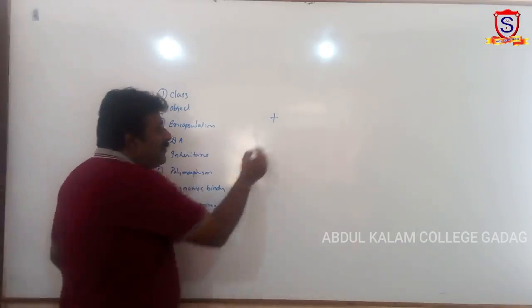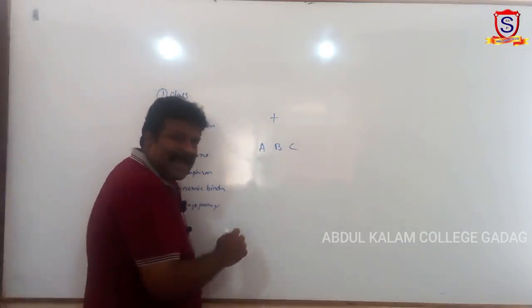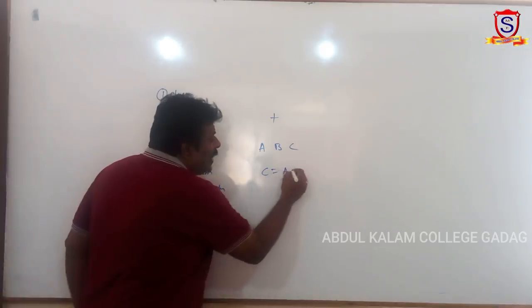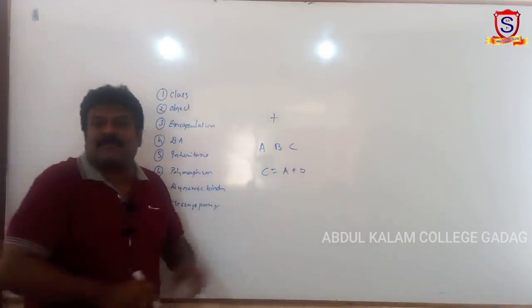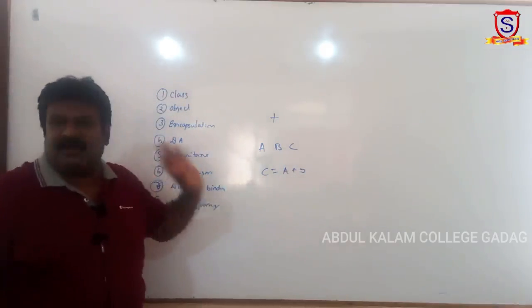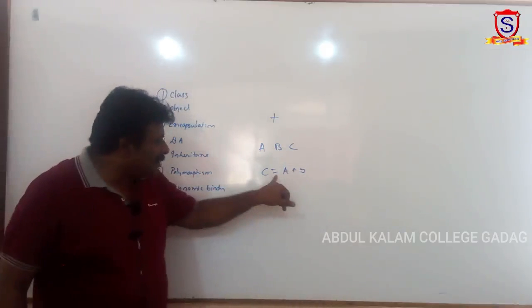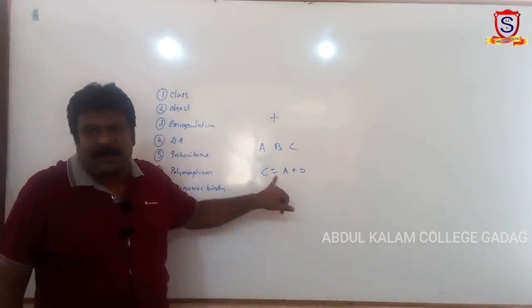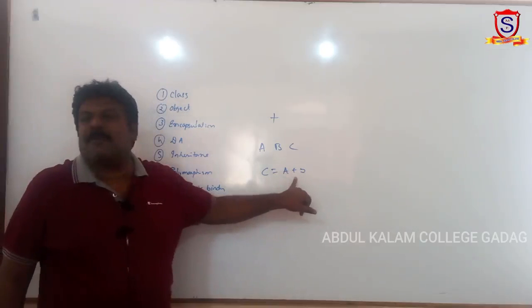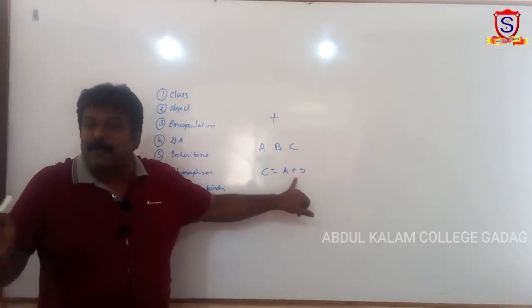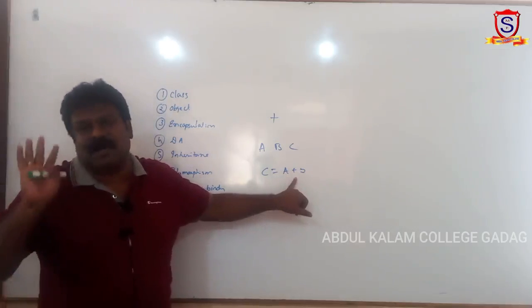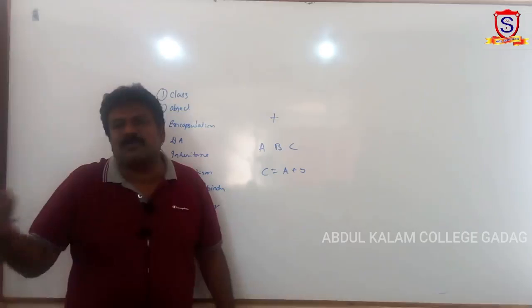For example, if I consider A, B, C as arrays, simply I can't say C equal to A plus B to add the contents of A with B and put them under C. It never works. Here see, this also doesn't work. Assignment operator also doesn't work and plus operator also doesn't work. Why? Because they are designed to work only with the basic data types, whereas arrays are not basic data types, they are user defined.